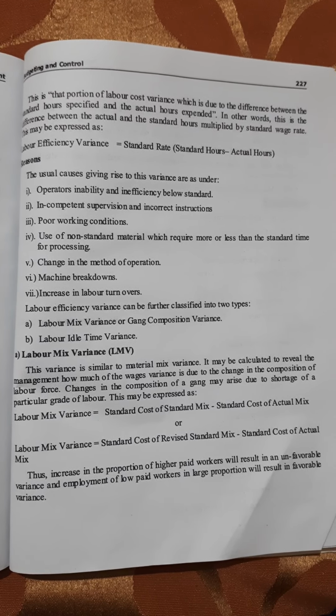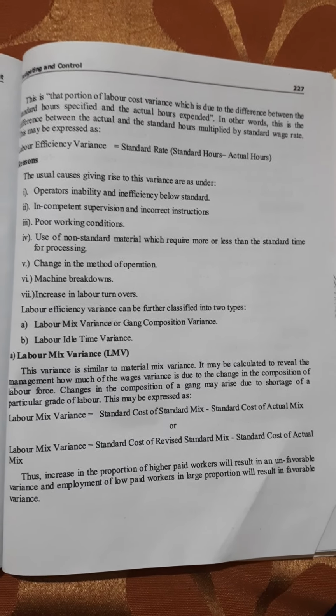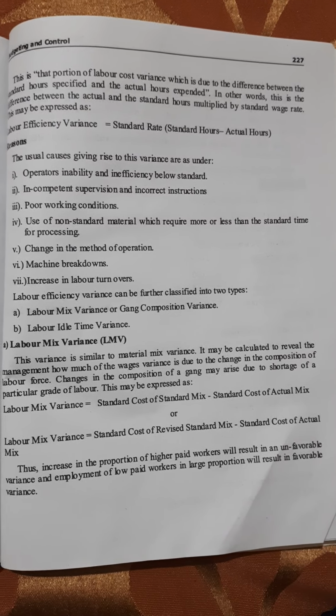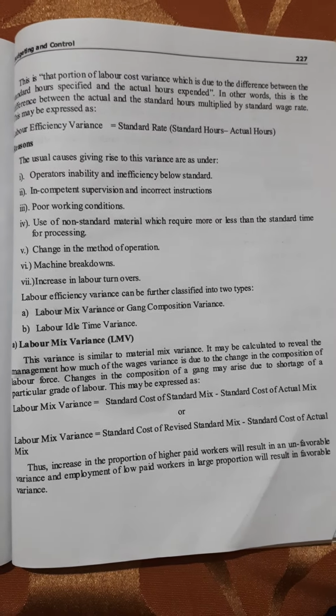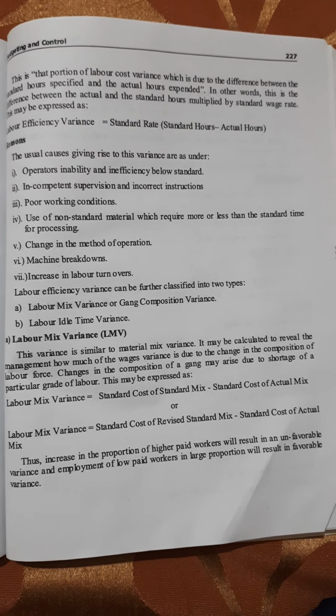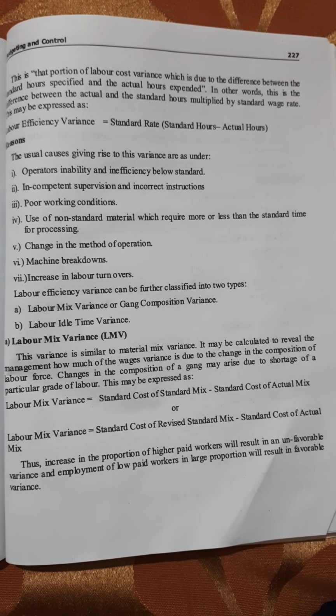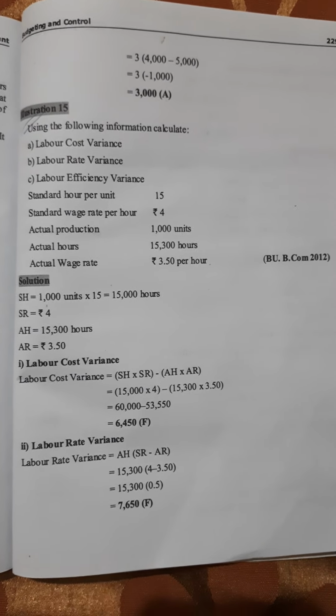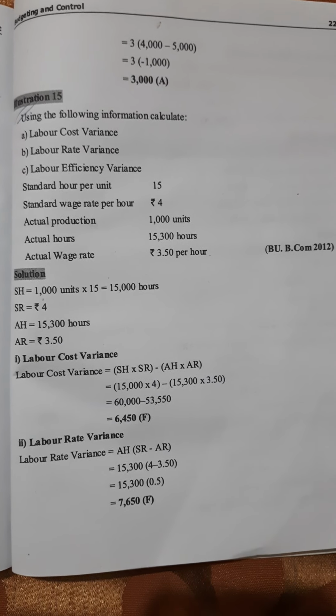When it comes to low paid workers, you need not spend more, you have a lot of people and you spend less, so this becomes a favorable variance. This combination of favorable and unfavorable is nothing but labor mix variance. So that's the theory part of labor cost variance.